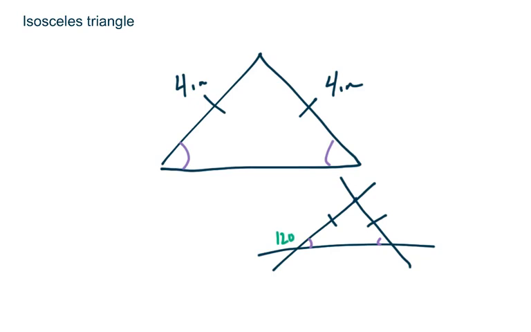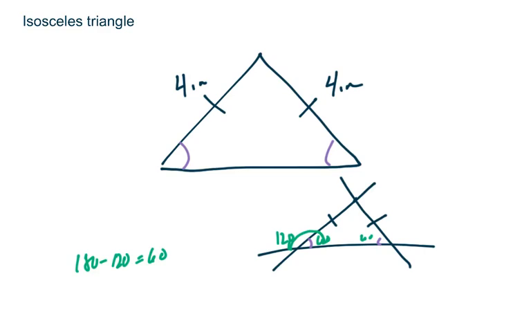If that's 120, all the way around to form a line has to be 180. So 180 minus 120 gives me my 60 degrees. So inside of here would be 60 degrees. If that's 60 degrees, we already just said that that also has to be 60 degrees.